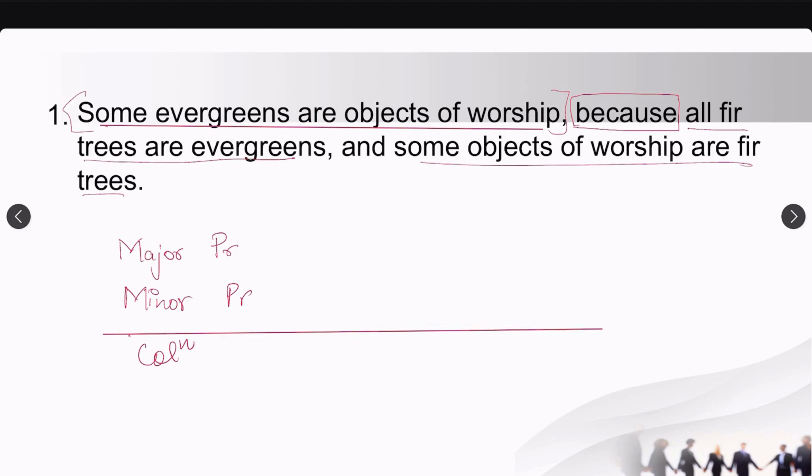So this is the conclusion, so you can simply write: some evergreens are objects of worship. I'm not writing everything, just object of worship.